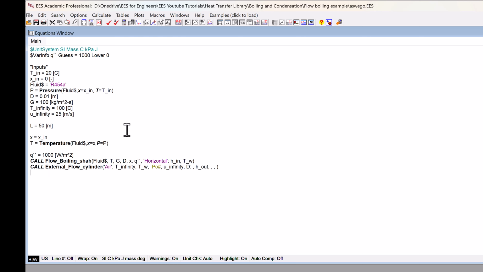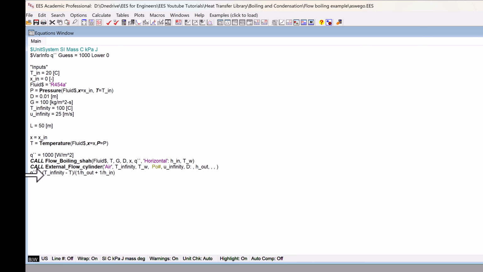And so now down here, I can go ahead and calculate the heat flux that is consistent with these temperatures and these heat transfer coefficients, right? So the heat flux is equal to T infinity minus T, over the resistance, if we're not including the conduction resistance of the tube, which is just 1 over H out plus 1 over H in.